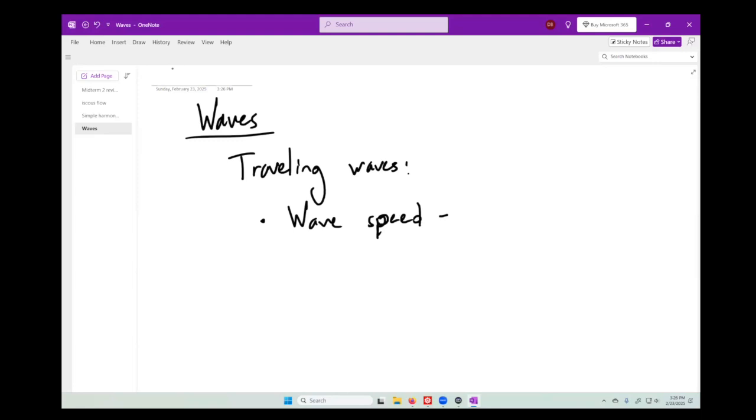So remember, a wave is this collective motion created by all the particles in a medium moving together, at least if we're talking about a mechanical wave. It's different if we're talking about electromagnetic waves, but let's put that aside for now. It's this collective motion created by all the particles working together. So the wave speed doesn't have anything to do with the motion of the individual particles in the medium.